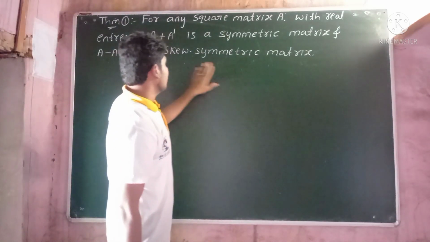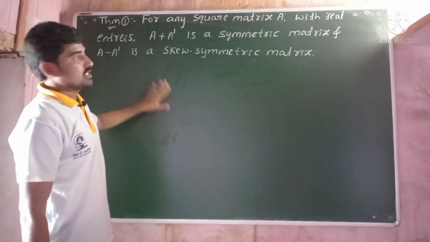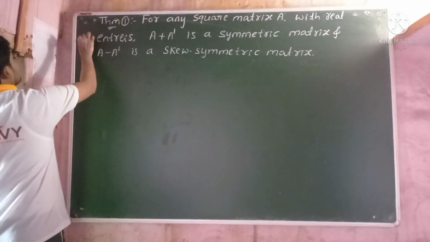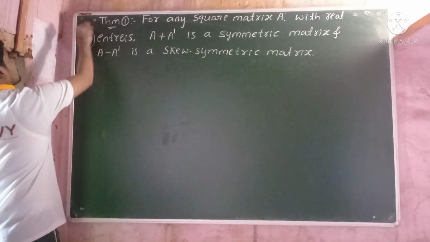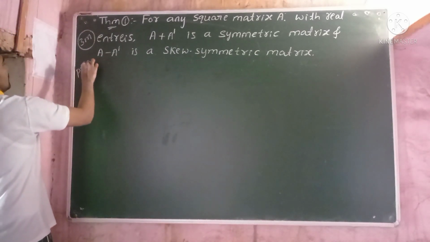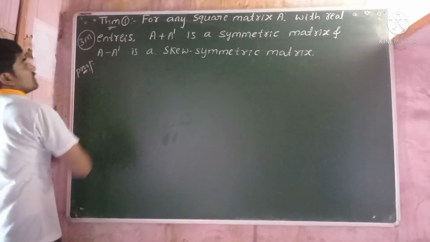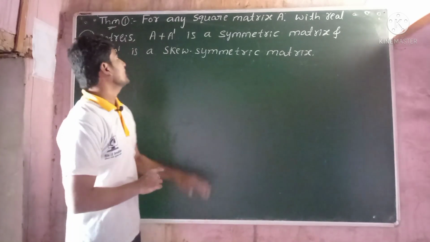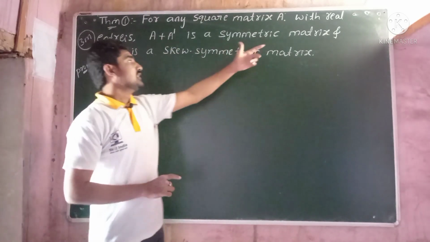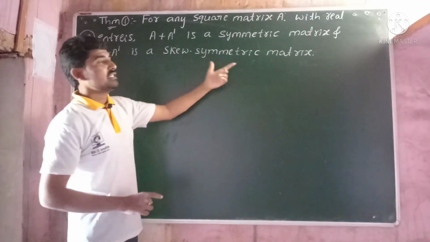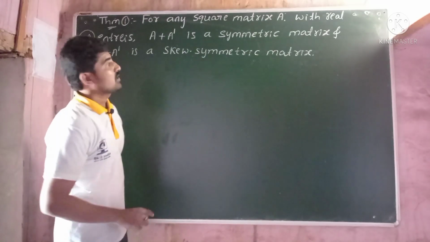This theorem is very important for your examination, and it has been asked many times for 3 marks. So in this theorem, for any square matrix A, we need to prove A plus A dash is a symmetric matrix and A minus A dash is a skew symmetric matrix.